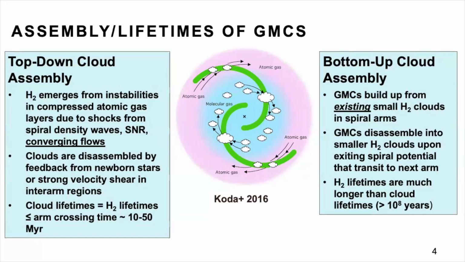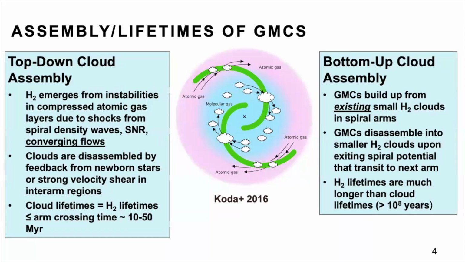The shear in the inner arm regions will tear those clouds apart, exposing those layers of molecular gas to the FUV, which will return the hydrogen back into the atomic gas phase. So when we talk about cloud lifetimes, that is usually equal to what I call molecular lifetimes, how long a molecule is around. And that's going to be limited to about an arm crossing time in spiral galaxies, so it's about 10 to 50 megayears.